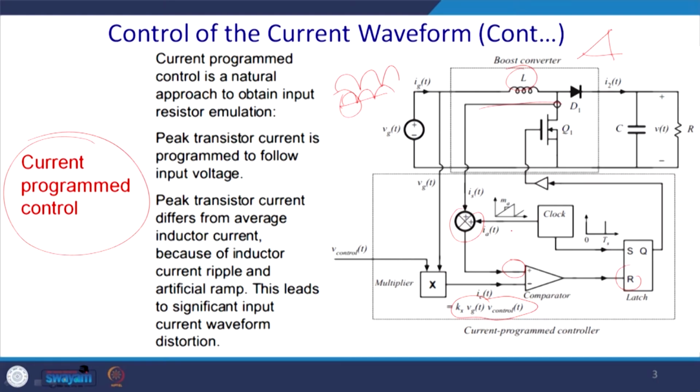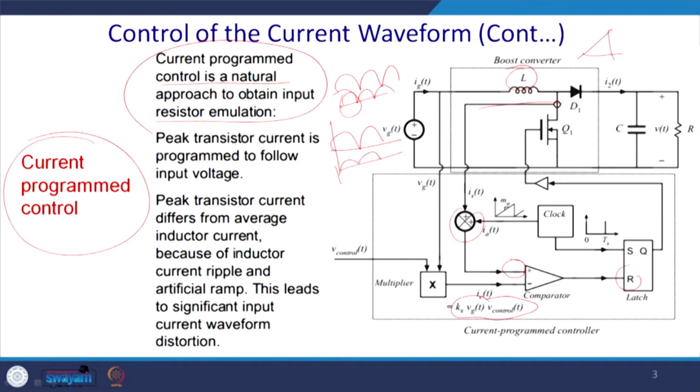So, we can say that current program control is a natural approach to obtain, because it has inherent short circuit protection, and you will not allow the current to be very high. It obtains input resistor emulation; ultimately it will emulate a resistor, because this is your voltage and this is your current and they are in the same phase, thus you are emulating this pattern.